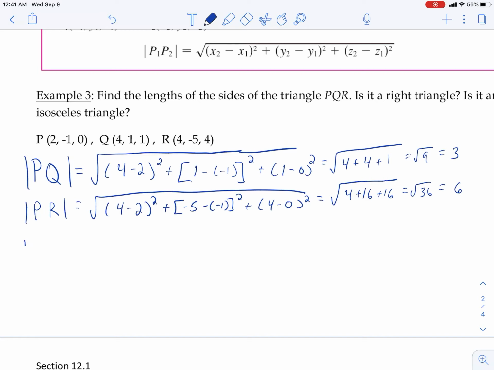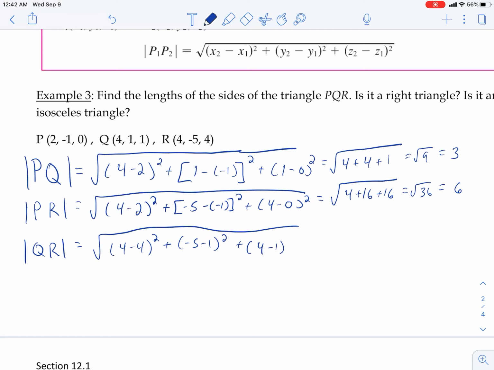And then the last one, Q and R. And we have the square root. We're going to do 4 minus 4 squared plus negative 5 minus 1 squared plus 4 minus 1 squared.